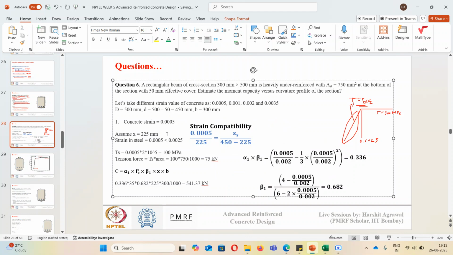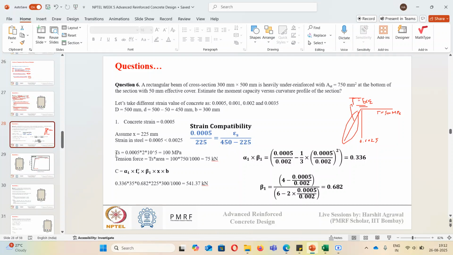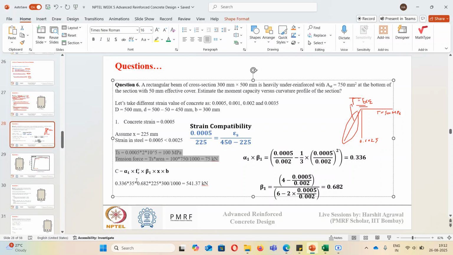So we need to make a new guess of the neutral axis depth, and we again need to calculate the tensile force and the compression force. This process we need to iterate until we get these two values equal or almost equal. Now what value should we keep, whether we should increase or decrease, you can guess from this equation.